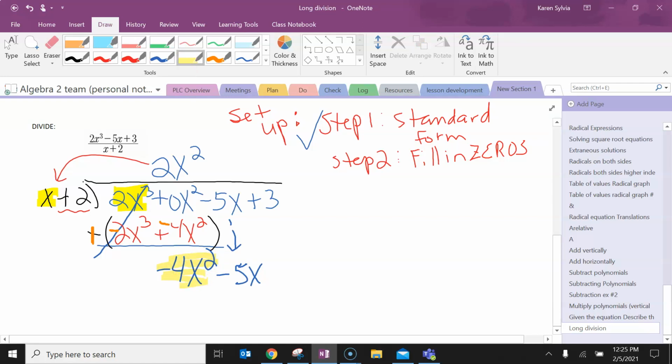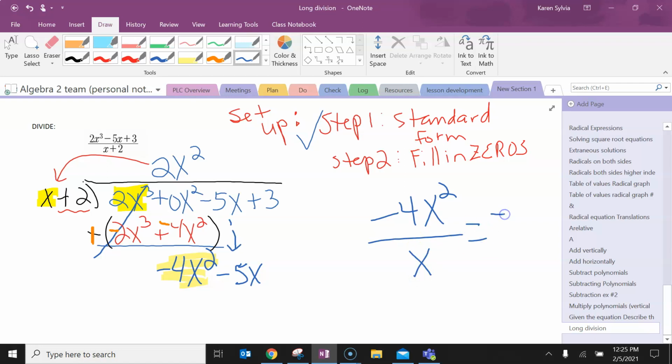Negative 4x squared is being divided by x. That will give me negative 4x to the first. That's the piece that goes up for my next term. I should line it up right above the x term on the top of the box.